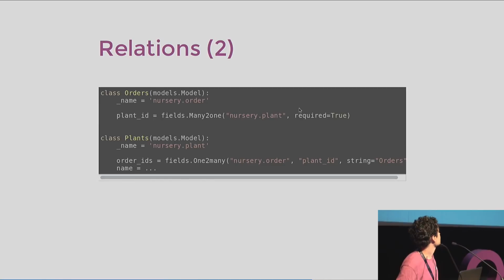And this relation is mandatory. On the other model, on the plant, I define the inverse relation. I create the one-to-many field, from the nursery plant to the nursery order, and I specify which field contains the relation. So in this case, plant ID over there.